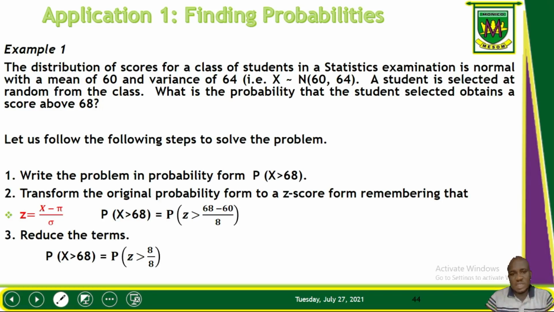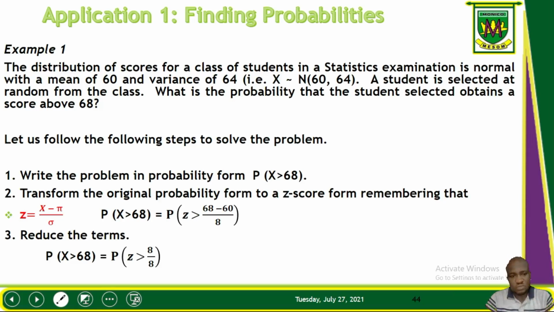The question is, what is the probability that the student selected obtains a score above 68? So we are assuming that a student has been selected, but we don't know the student who was selected, and we are assuming that the student scored above 68. We want to know the chance of selecting a student who scored above 68.